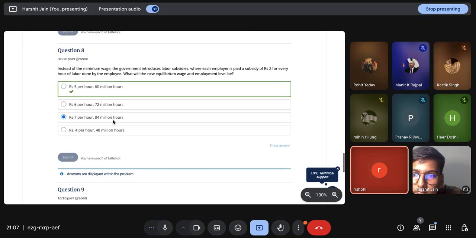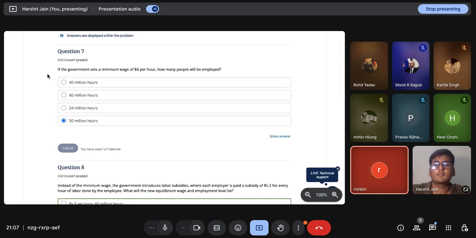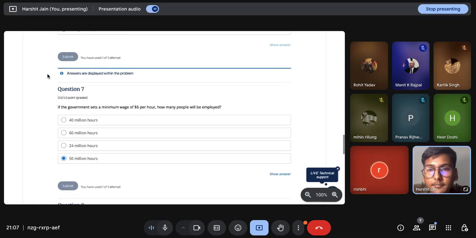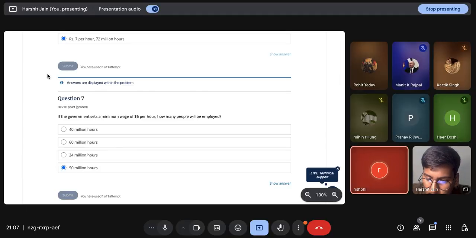See, the second one is easy because all they're asking us to do is equate. When the government sets a minimum wage of 6 per hour, they're basically saying that W is equal to 6. What is W in the equation above? If W is equal to 6, then 12 into W will be 72, right?